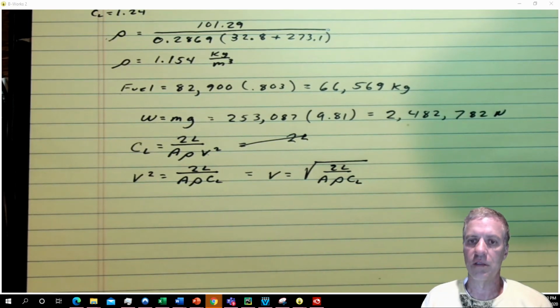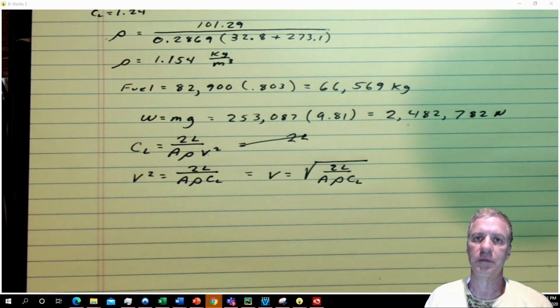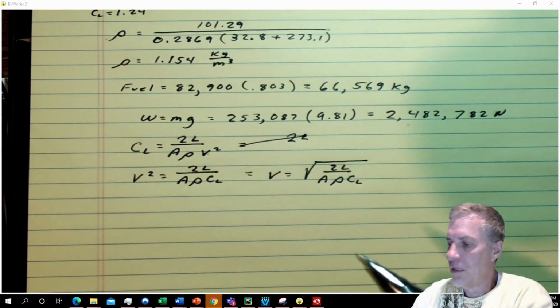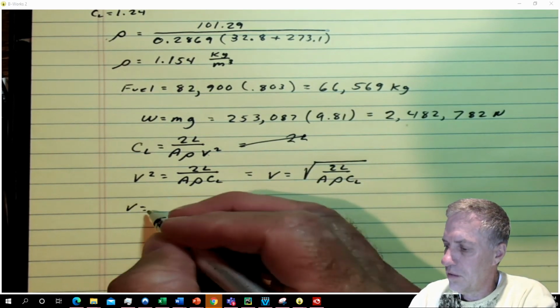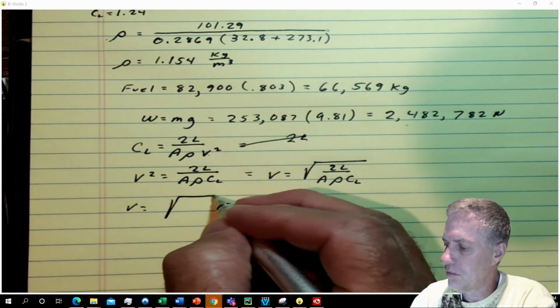All right. So take a minute and see if you can calculate the velocity. All right, filling in our values here.